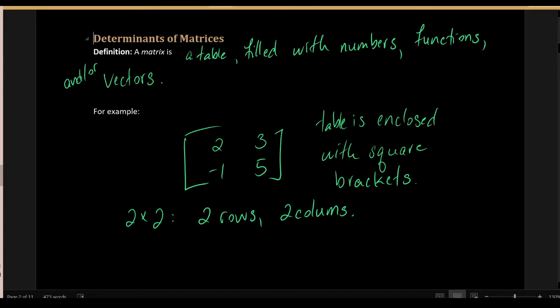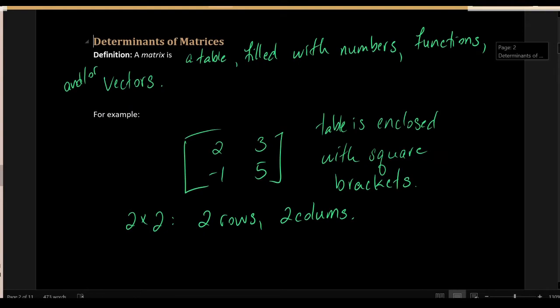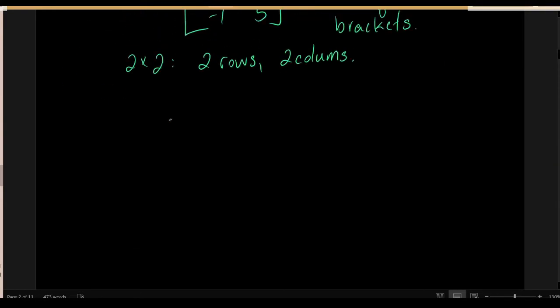We could just as well give you a 3x3 matrix. A 3x3 matrix with 3 rows and 3 columns. And if I wanted, I could fill it all up with numbers, but I could just as easily put some vectors in there. For example, maybe I want to give you the matrix where the standard basis vectors i, j, and k are in row number 1.